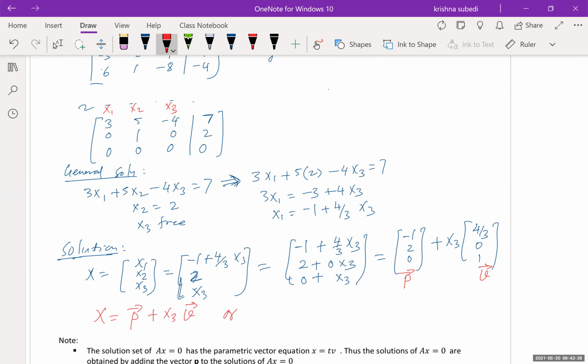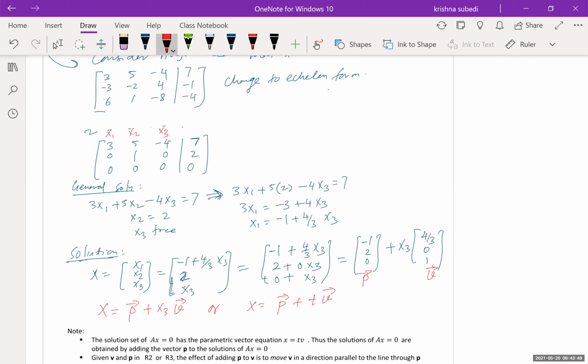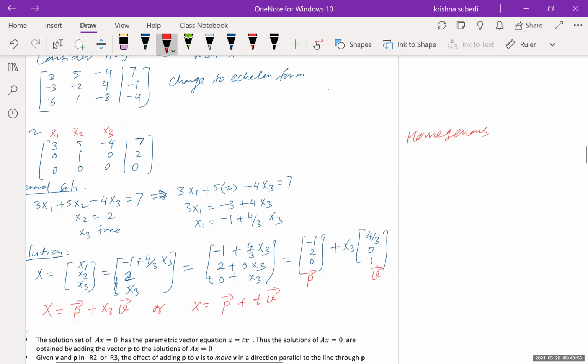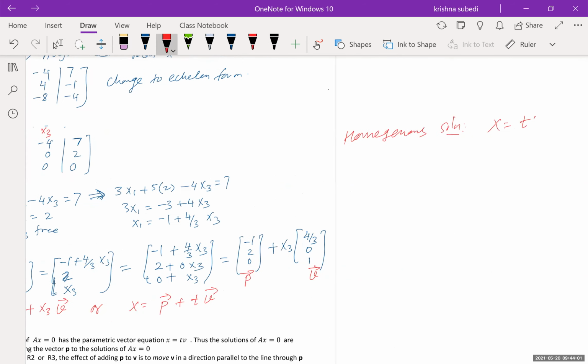Or to be more general, remember that here our variable or parameter is x3, but in standard form we use t as our parameter. So we can write x equals P plus tV. Now let us compare the solution in the previous case and now. For the previous homogeneous case, the solution was x equals tV form.